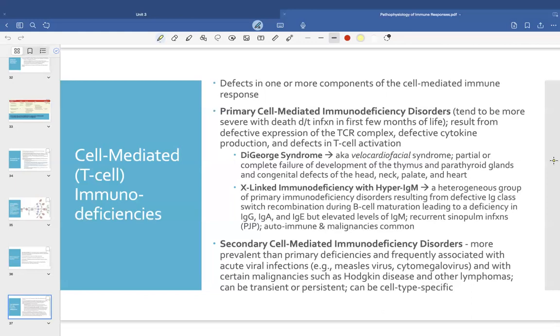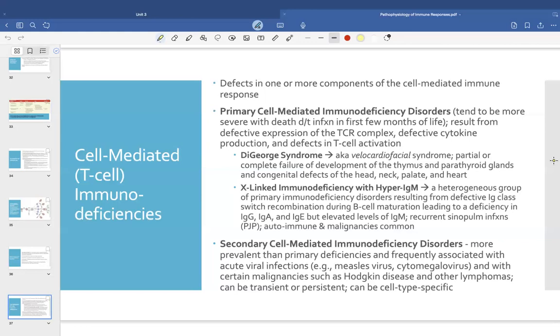X-linked immunodeficiency with hyper IgM. So essentially, X-linked again, so it's going to express itself in your males. And what happens is, because of the deficiency, you're not going to produce IgA, IgE, or IgG, but essentially all of your immunoglobulins are going to become IgM.